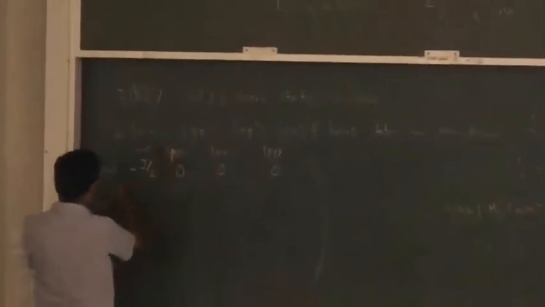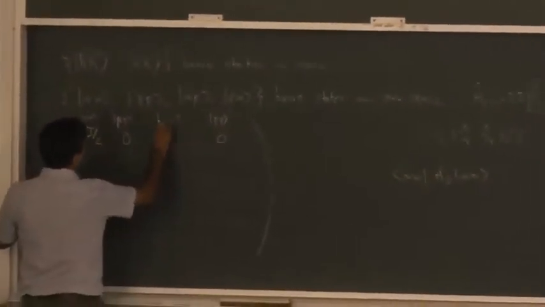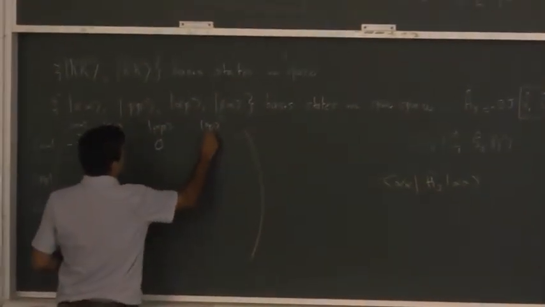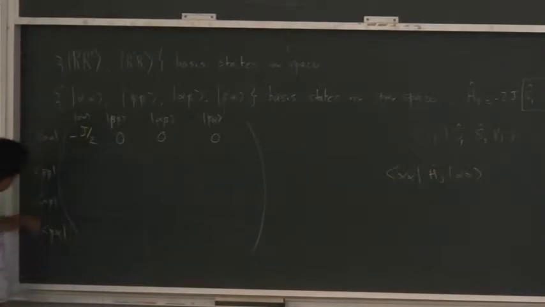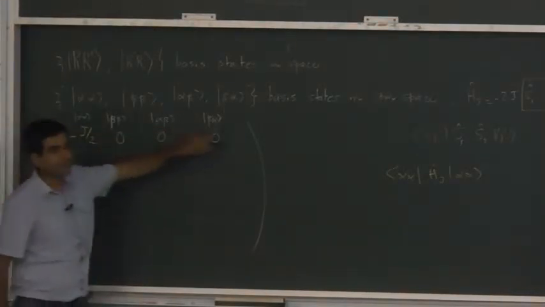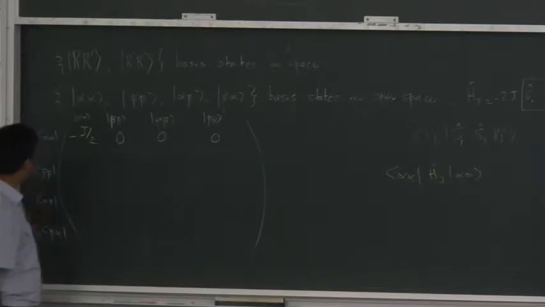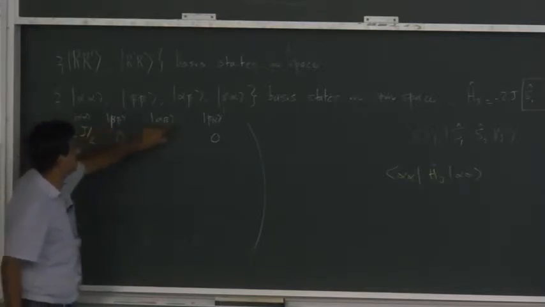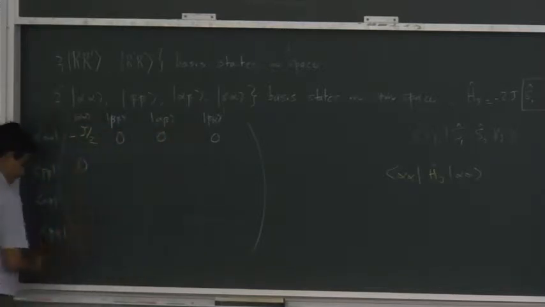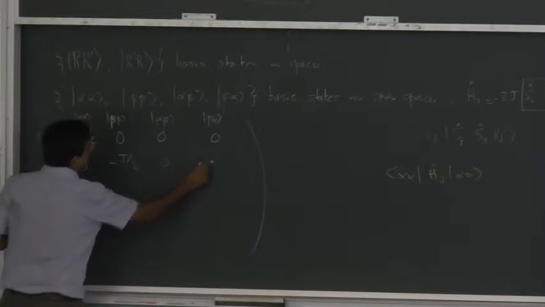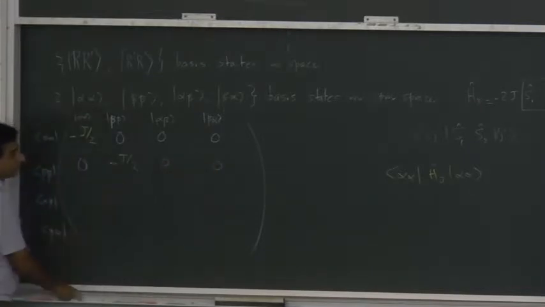This is also beta beta. I have to do the same ordering here as here: alpha beta, beta alpha. So the same order in which I have the rows, I have the columns: alpha alpha, beta beta, alpha beta, beta alpha. So this is 0. This is minus J by 2. 0, 0.